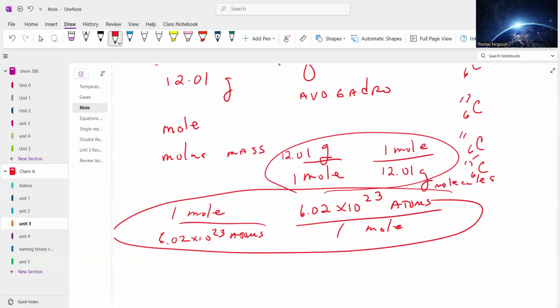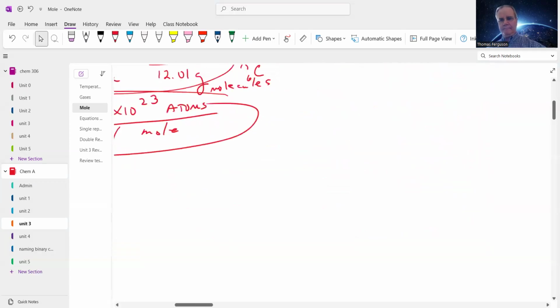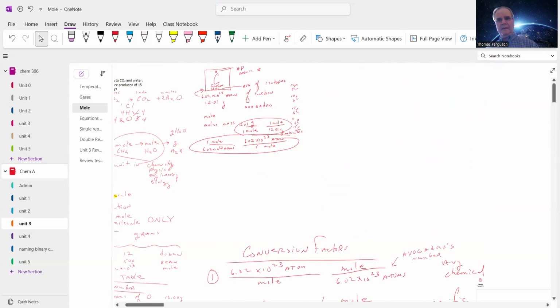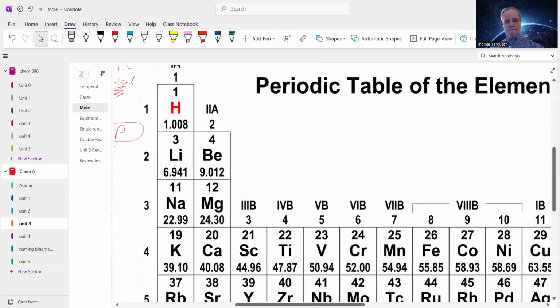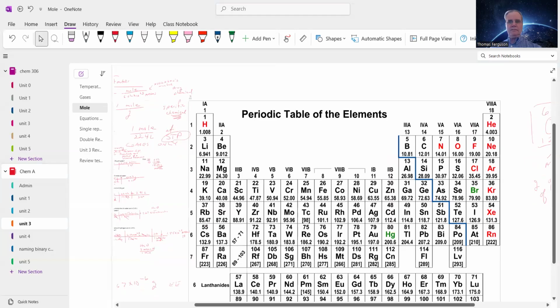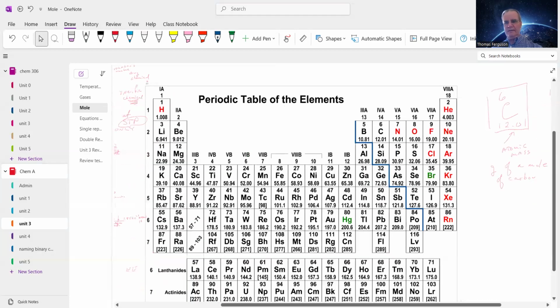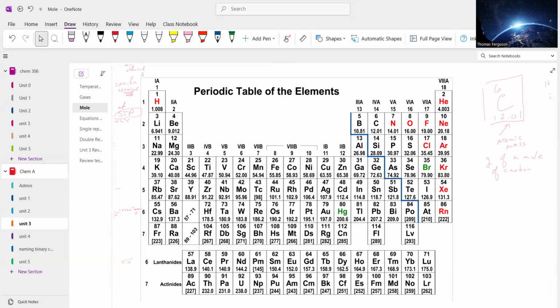So let's look at some examples of molar masses now. Here's a periodic table.